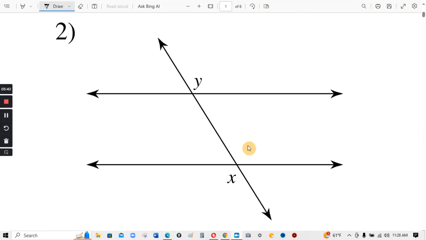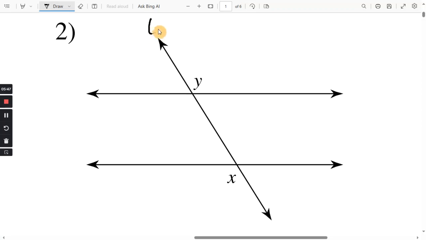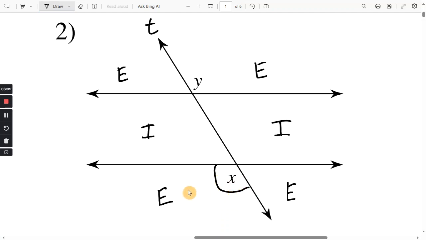All right, let's look at number 2. This line is the line that's cutting through, so that's your transversal, that's T. Interior is in between the two lines, so this is interior. And outside the lines is the exterior. If you look at the two angles that are given, angle X right here is on the exterior, and angle Y right here is on the exterior.